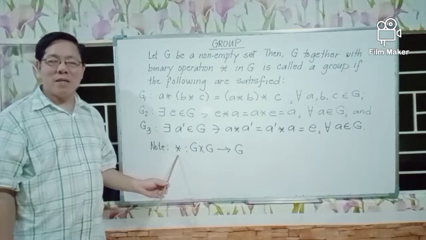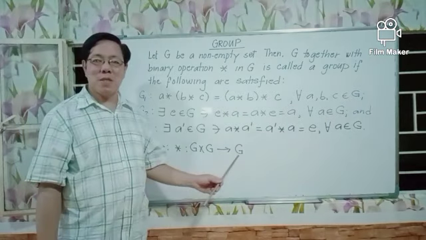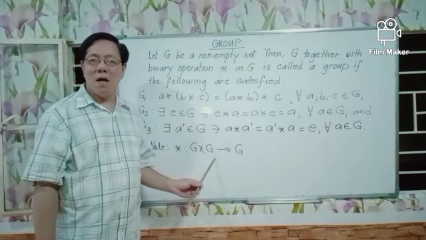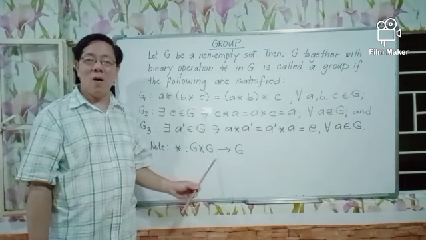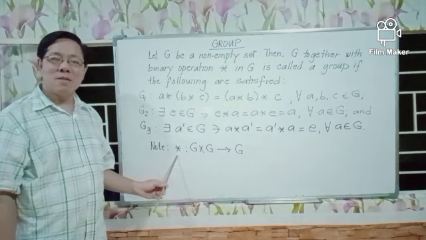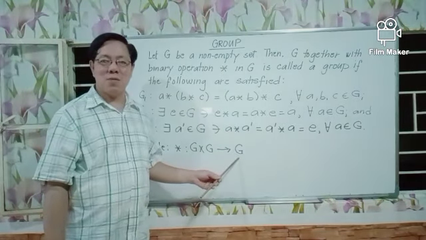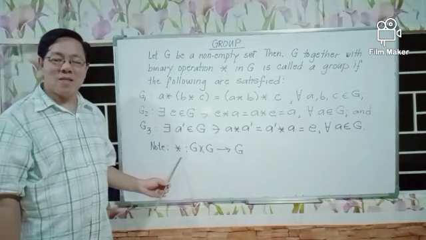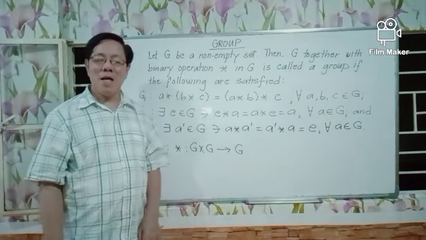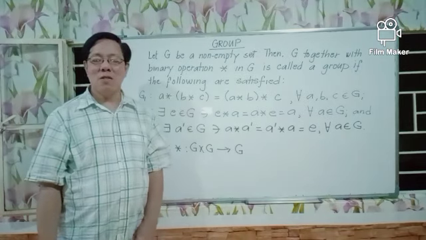A binary operation star is a mapping from the cross product of set G with itself to set G. That is, the elements of G cross G are ordered pairs of elements of G. And this ordered pair of elements of G are combined by the binary operation star to produce a single element that is also contained in G. Thus, a binary operation defines a function from G cross G to G. And a group consists of a non-empty set G and a binary operation defined on G, in G.